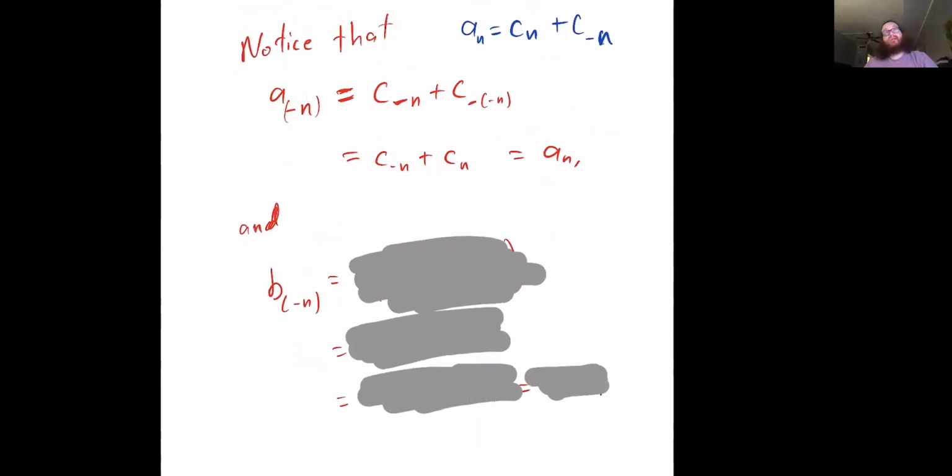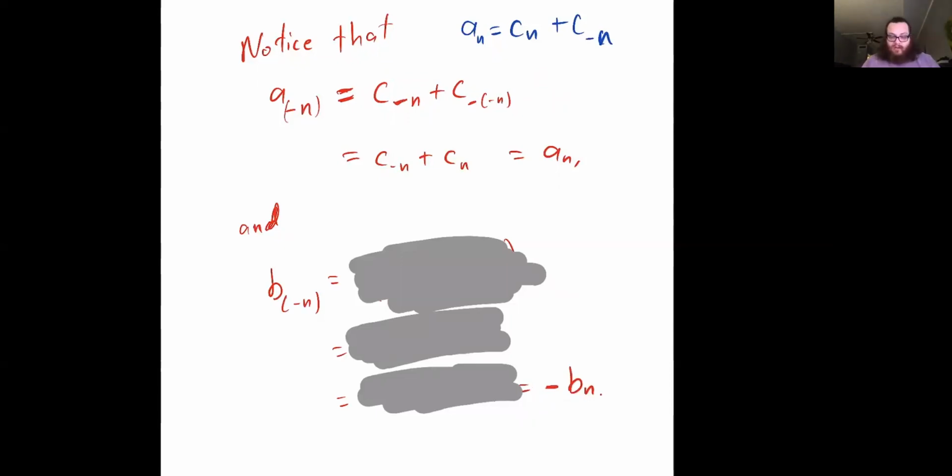What happens with b sub n? We notice that the coefficients for cosine were even, symmetric with respect to n and -n. For b sub n, those are the coefficients for sine. Sine of negative whatever is going to be negative sine of whatever. So maybe we expect that b sub -n should be minus b sub n.